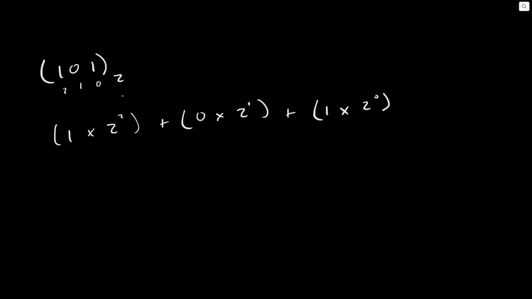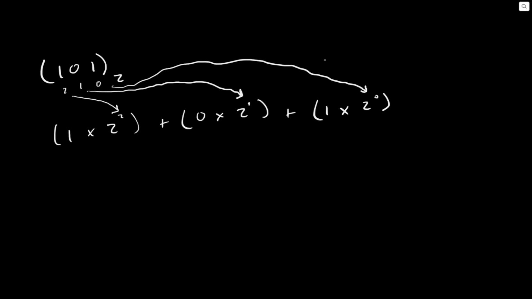Just to reiterate where the 2 squared, 2 to the 1, 2 to the 0 is coming from, it's the column numbers. All right, 1 times 2 squared is 1 times 4, plus 0 times anything is 0, plus 1 times 2 to the 0, which is 1 times 1.